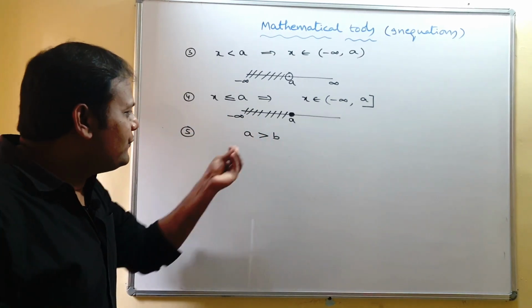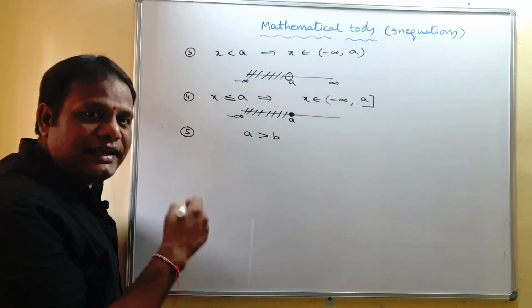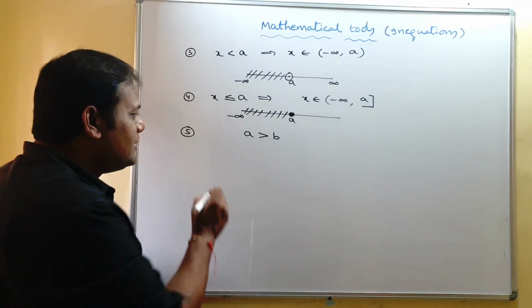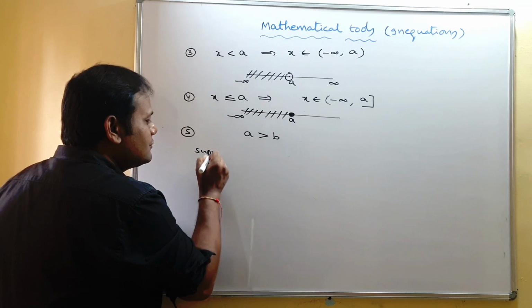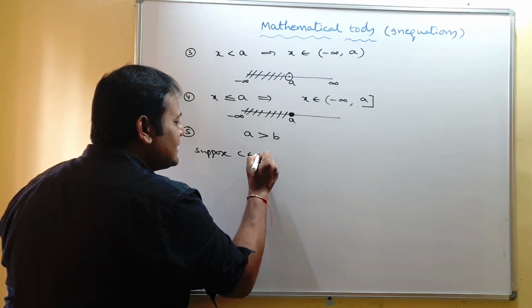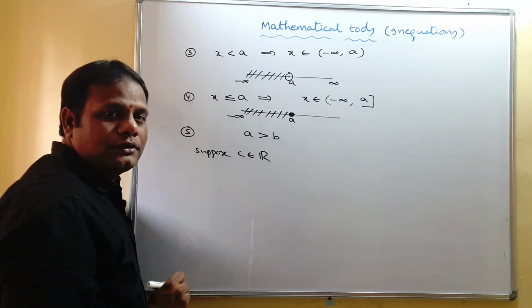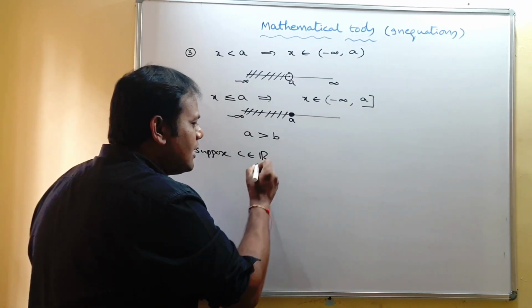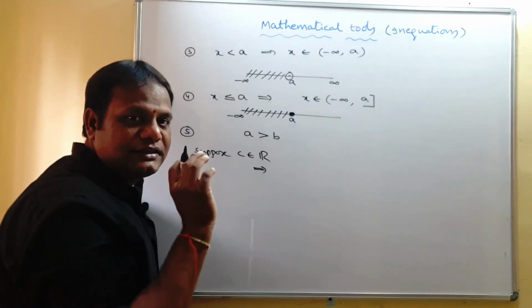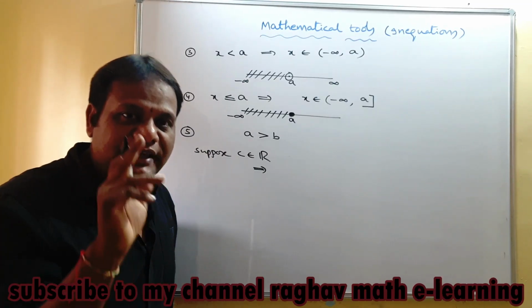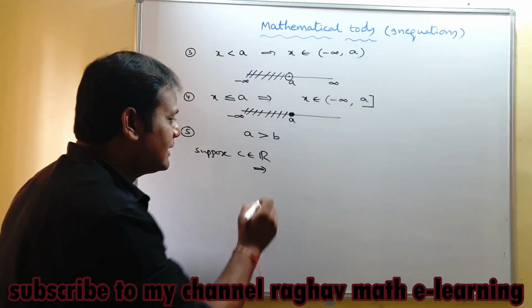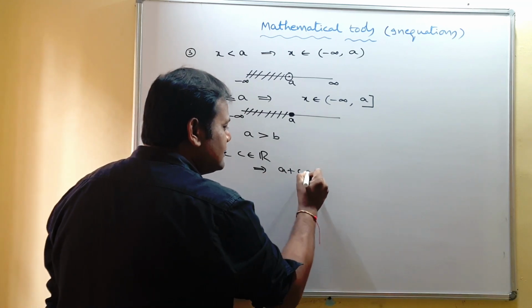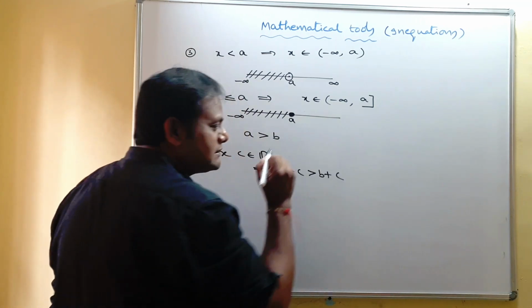And the next important point is, suppose one inequation is like a greater than b. If you add any real number c, suppose c is a real number, to this inequation on both sides, there is no change in inequation sign. That is, a plus c is greater than b plus c.